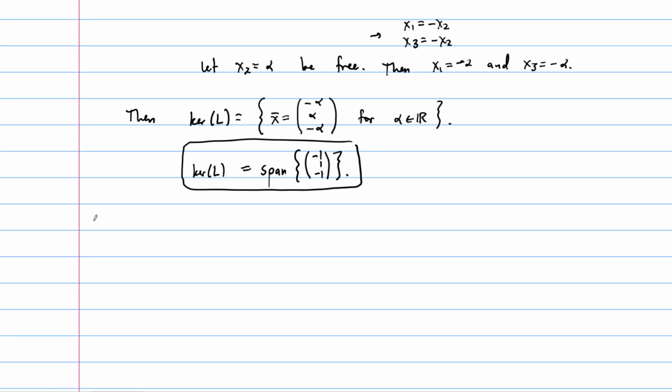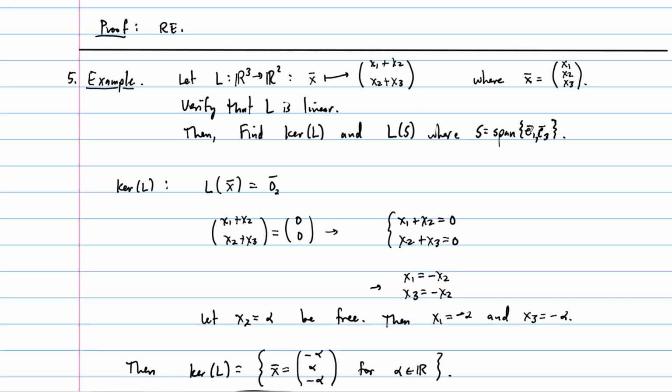All right, what about now the image of our subspace S, right? So this is the image of the space for which S was the span of E1 and E3, right? Because, again, hopefully you checked that L is linear, or if you didn't check it, then we'll just believe it.